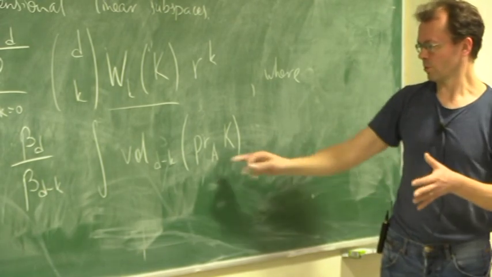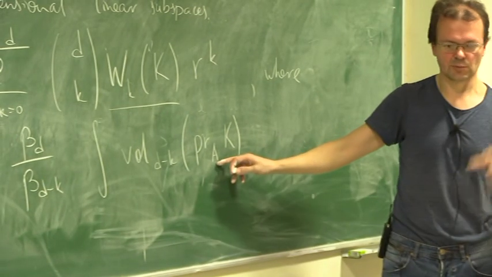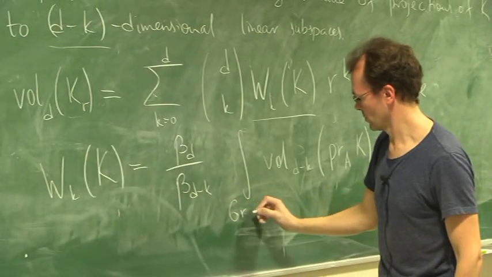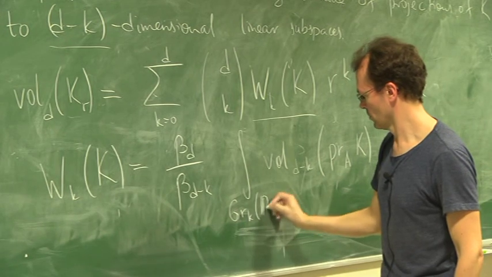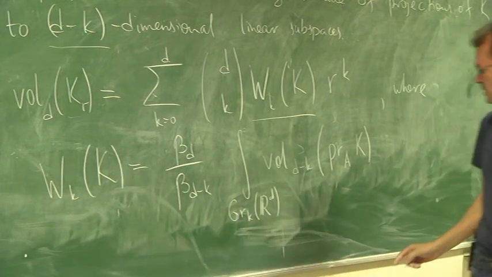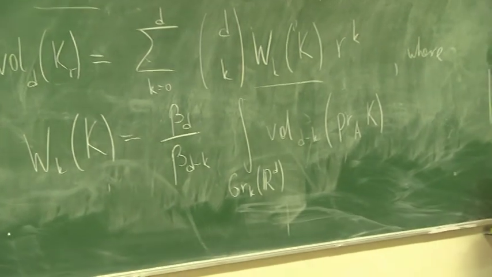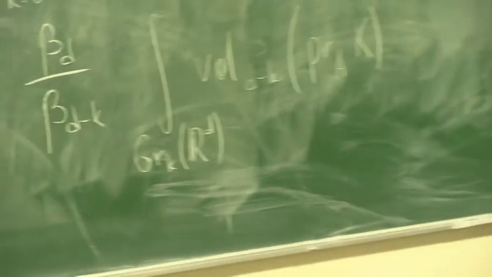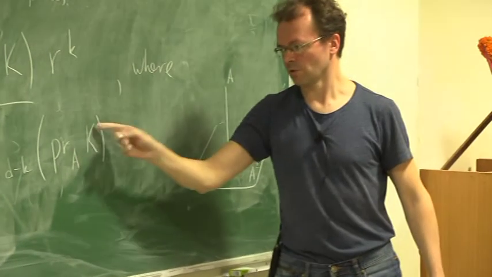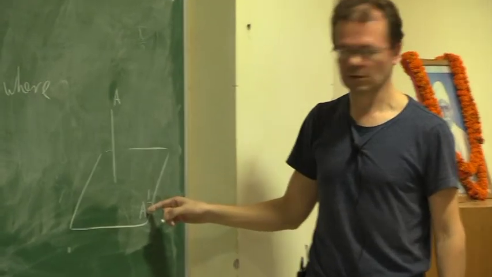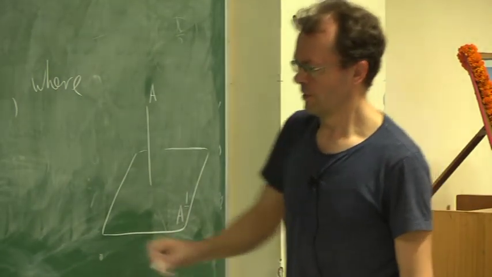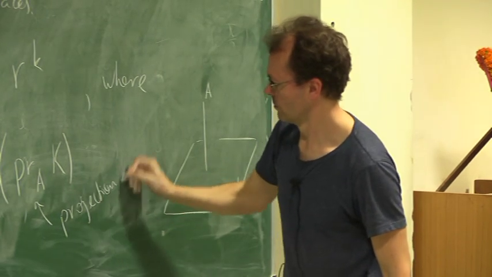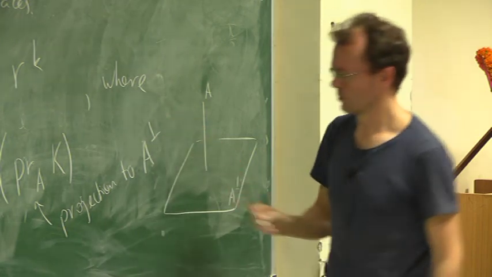We can take all k-dimensional subspaces and project along them. So A is an element in the k-Grassmannian of d, A is a k-dimensional subspace, and this P_{A^⊥} of K is the projection to the orthogonal complement of A.